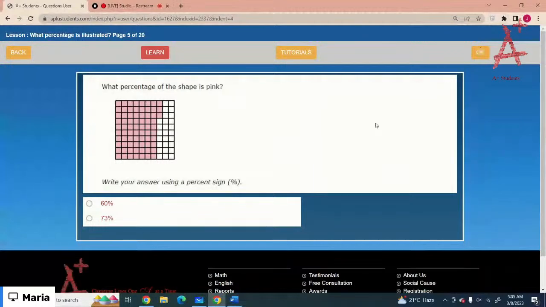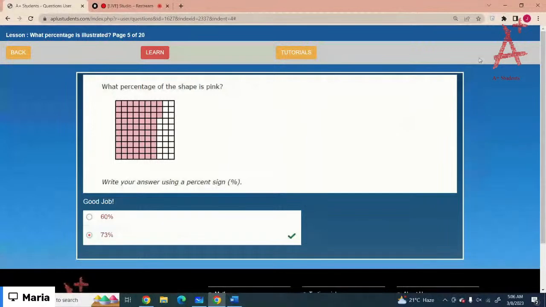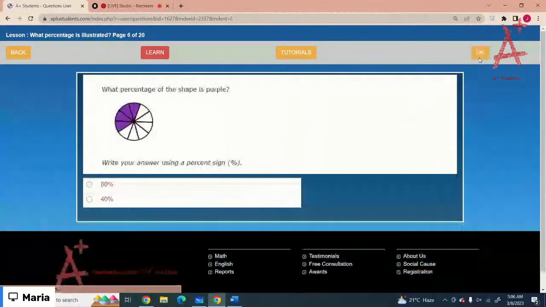Yes, 73% of the shape is pink. So the correct option is 73. What percent of the shape is purple? Very good. 40% of the shape is purple.